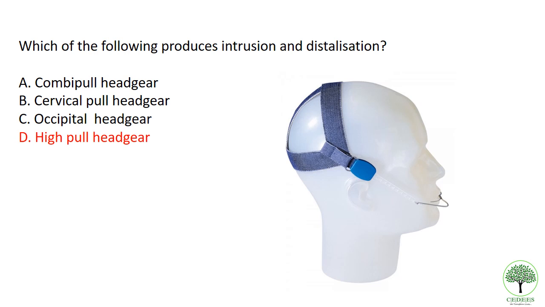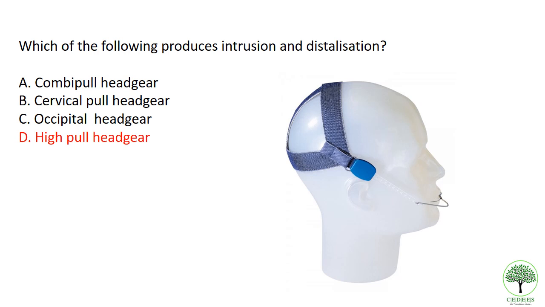Why is this so? Because it produces intrusion of your maxillary posterior segments or your maxillary molars, which help in reducing the mandibular plane angle. And this is why high pull headgears are given in cases that need both intrusion as well as distalization, and in cases that are having a vertical maxillary excess or a long vertical facial height.